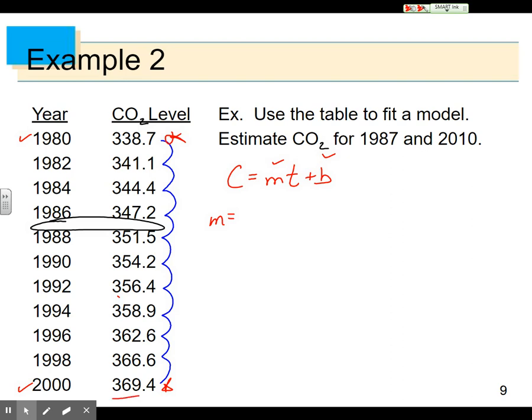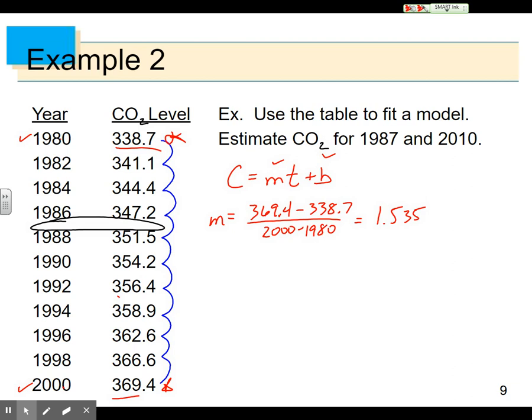So I'm going to take this 369.4 and subtract off this first y value, 338.7, over 2,000 minus 1980. Whenever I did that, I got 1.535. So I've got my slope now.